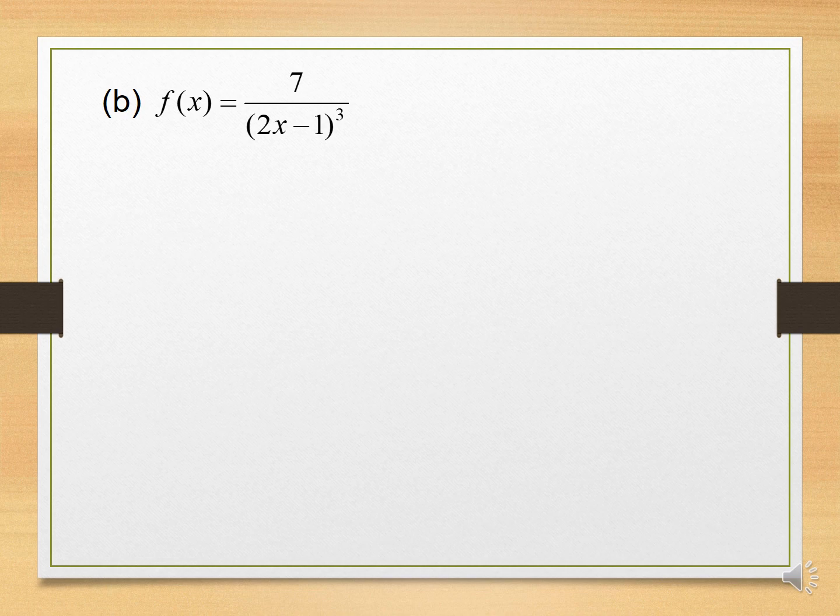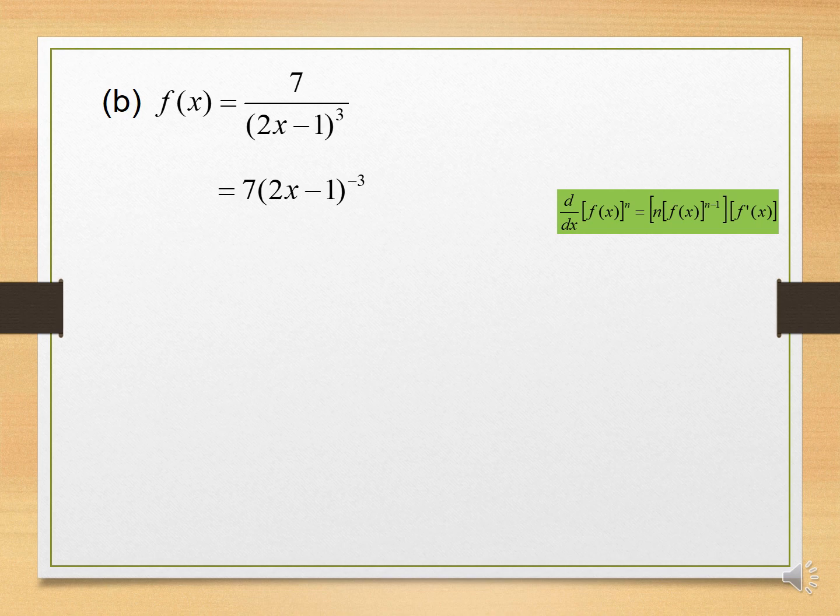Question B, f(x) equal to 7 over (2x minus 1) cubed. Before we differentiate, let us bring the power 3 up to become power negative 3. By using the general power rule, we can find f prime x. It equals 7, the power negative 3 you bring to the front, then copy back the 2x minus 1, and the power negative 3 minus 1 gives negative 4.